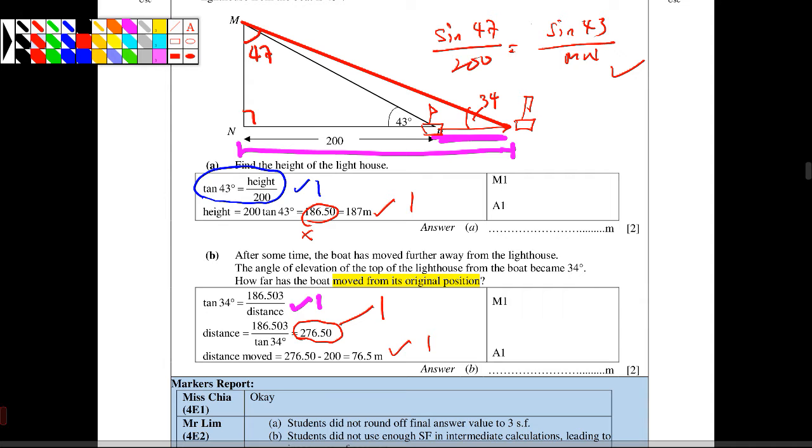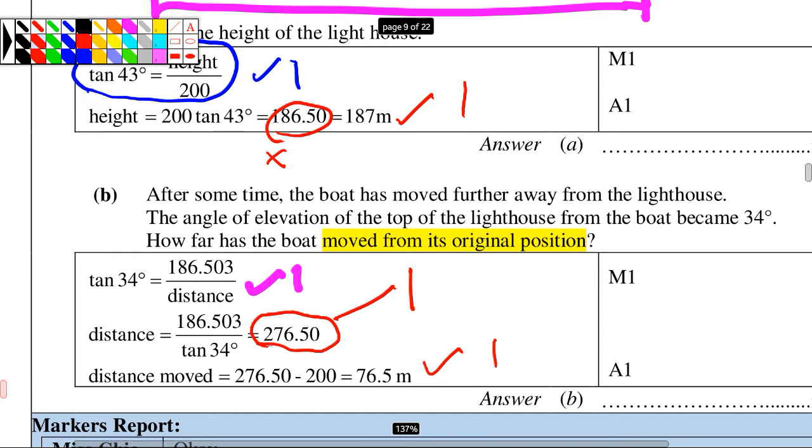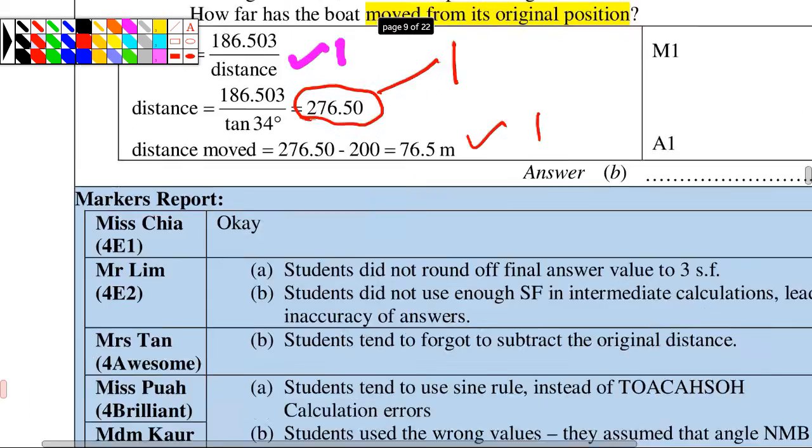Some of you use sine rule, then you get this answer, 1 mark. I don't care about the decimal behind, it can be 0.5, it's okay. Then you minus 200. You can use sine rule for this, as long as you get this 276 point something, you get 1 mark. Then you minus 200, you get 1 mark. Okay? Next.